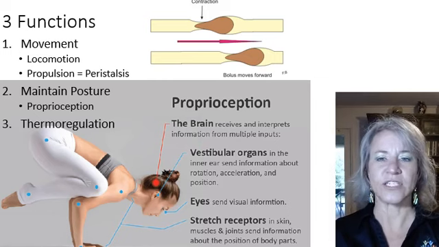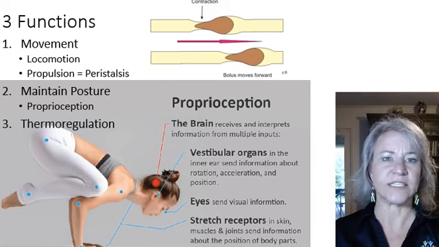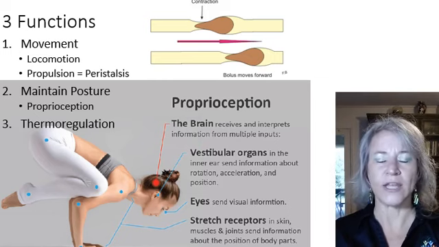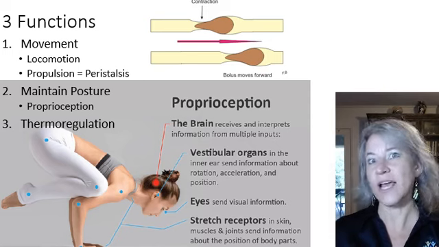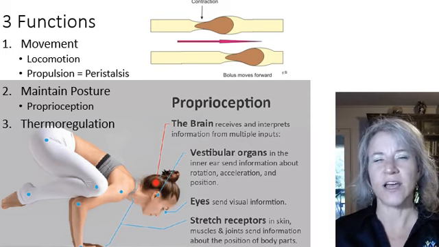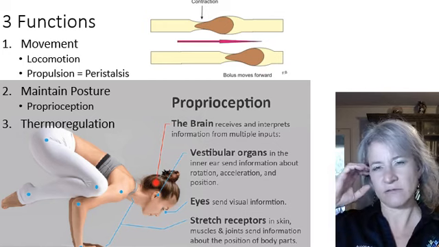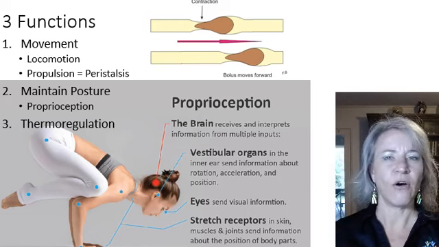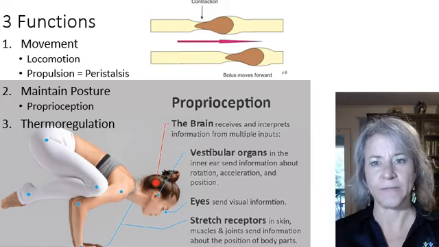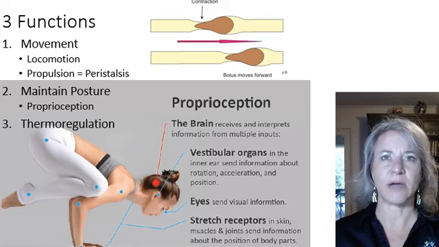The third function of the muscular system is that it plays a role in thermoregulation. What was the other word, another name for thermoregulation? Starts with an H. Homeothermia. So maintaining constant body temperature.